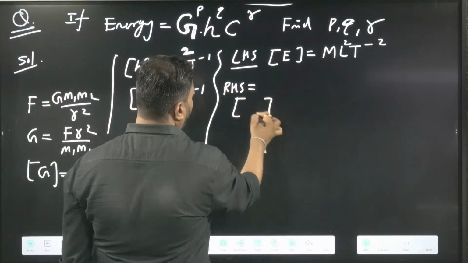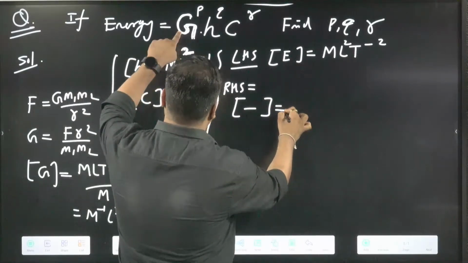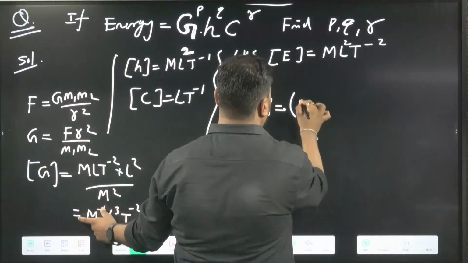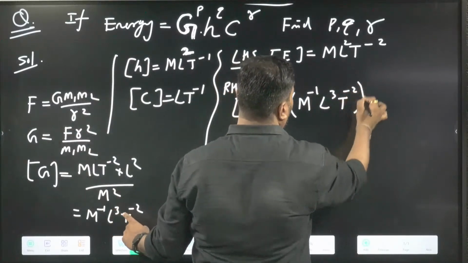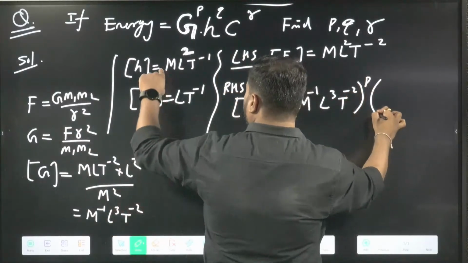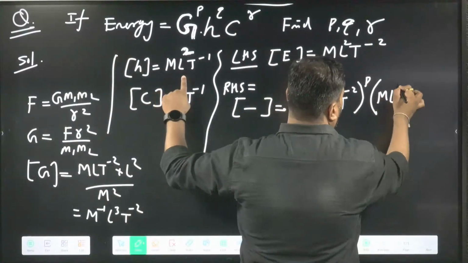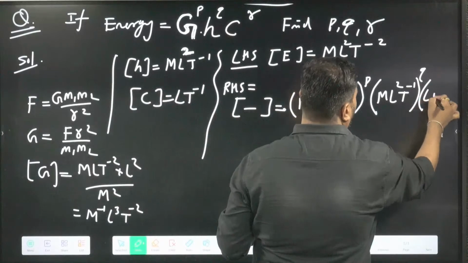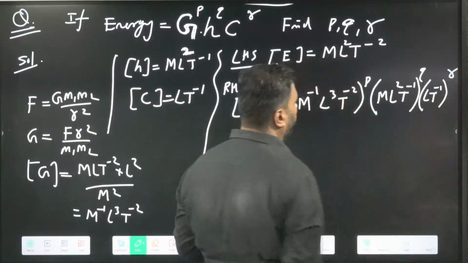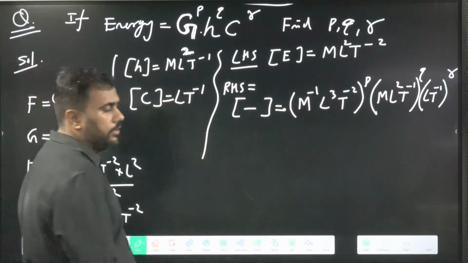So the dimensions of RHS will be G, which is M minus 1 L cube T minus 2, power P. H is M L square T minus 1, power Q. C is L T minus 1, power R. Arrange the powers.